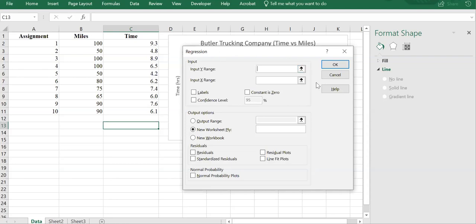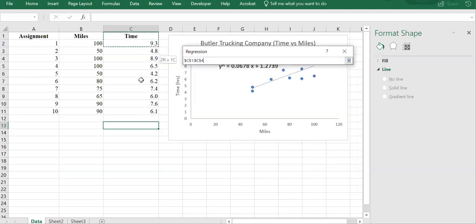So we have one input tab, one output tab, one tab for residuals and one for normal probability. We're not going to be dealing with normal probability. We're going to be dealing with residual plots later on. But for now, just for getting the equation, you can just put the Y range.